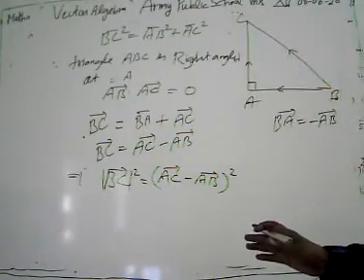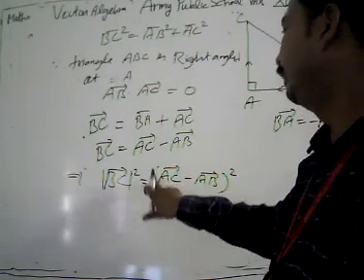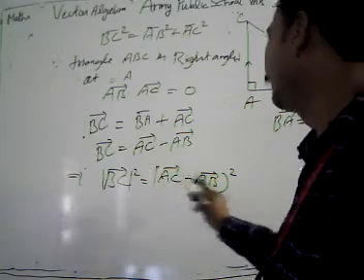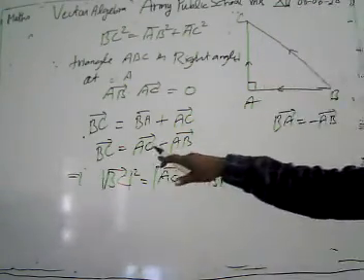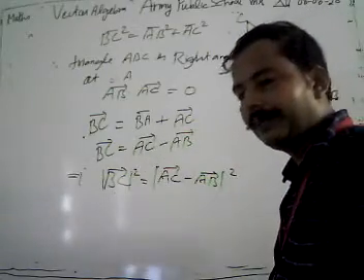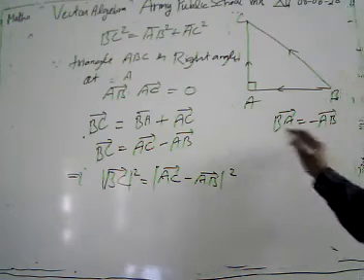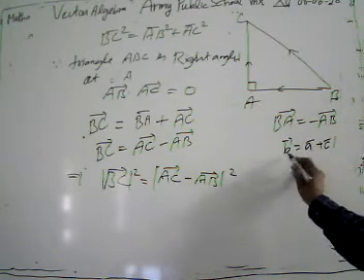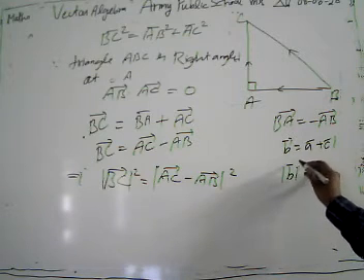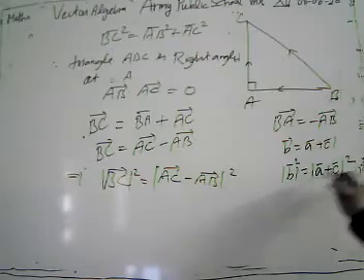Since vector BC equals vector AC minus vector AB, we can take the magnitude squared.